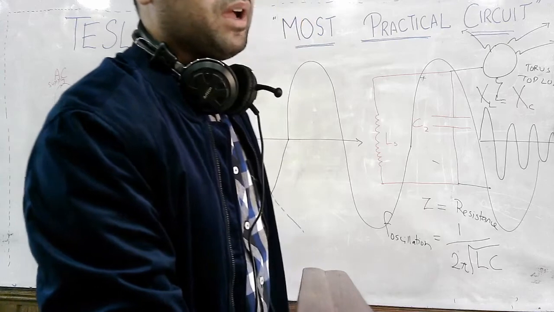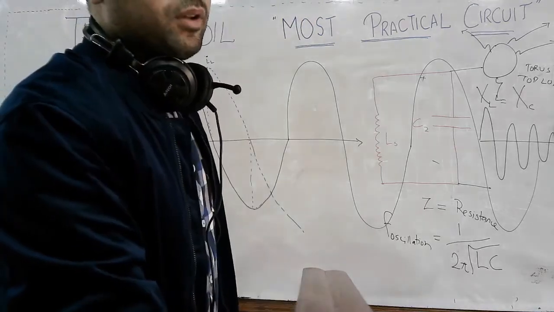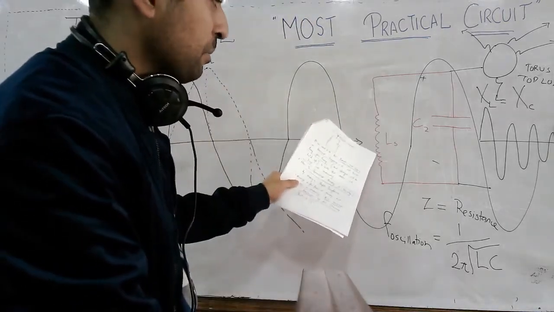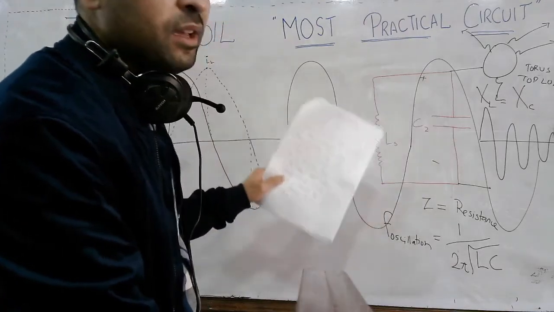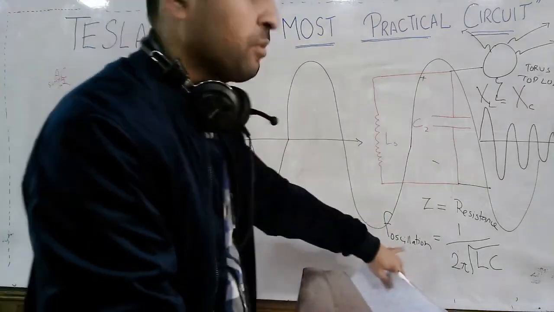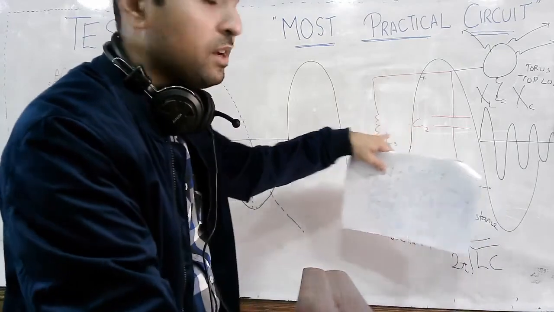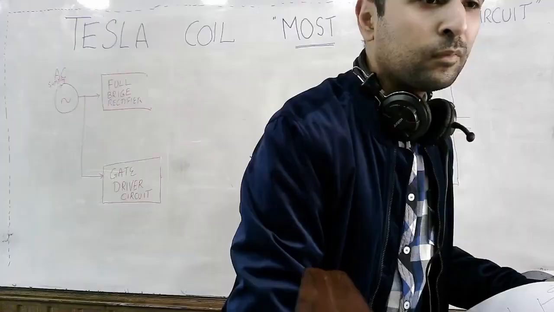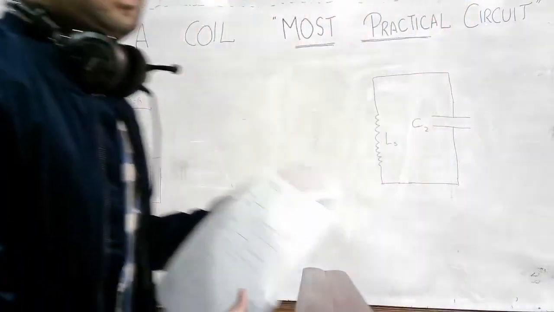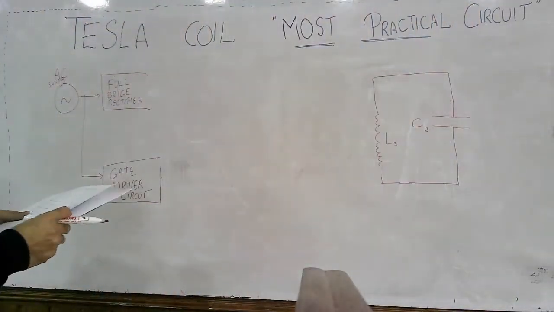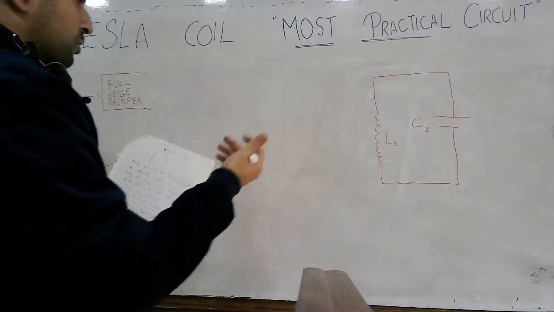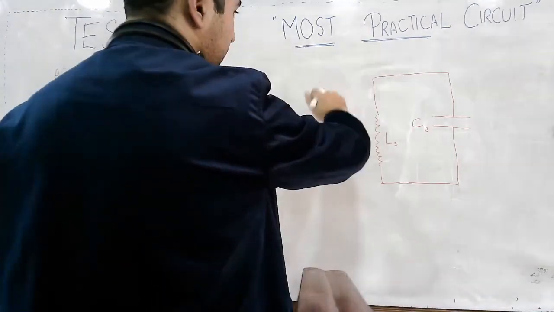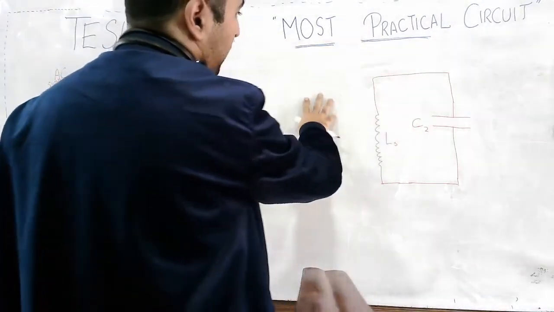Now what's on the primary side? Because we want to hit this capacitor and inductor with the proper resonating frequency at which this circuit resonates, we have to supply that frequency on the primary side. So now the question arises: how to transfer energy from primary to secondary?